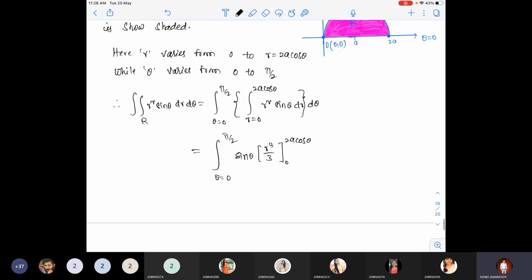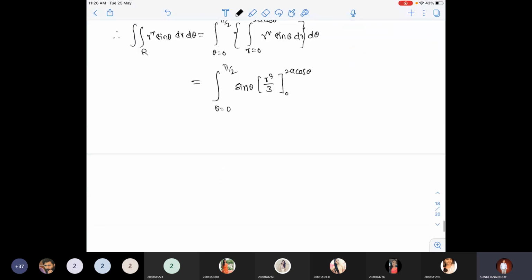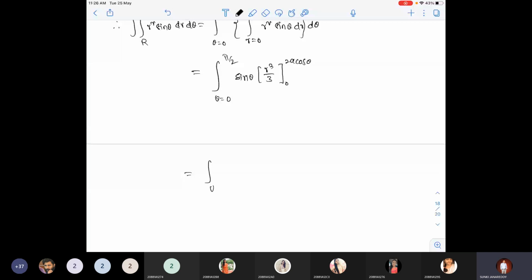What is the next step? Integral theta is equal to 0 to pi by 2. Apply upper and lower limits for that. Then what we can get here? Sin theta into 8a cube cos cube theta minus 0.